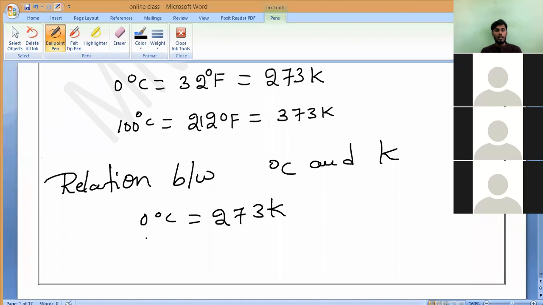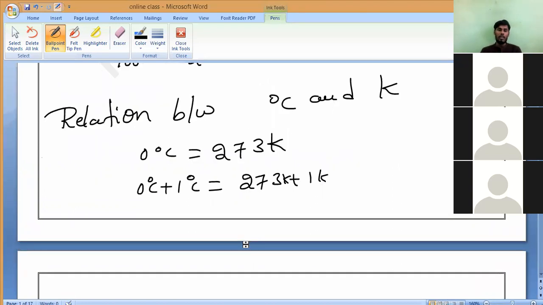If it rises by 1 degree, 0 becomes 1 degree Celsius, and here 273 plus 1 Kelvin. So 1 degree Celsius equals 274 Kelvin.